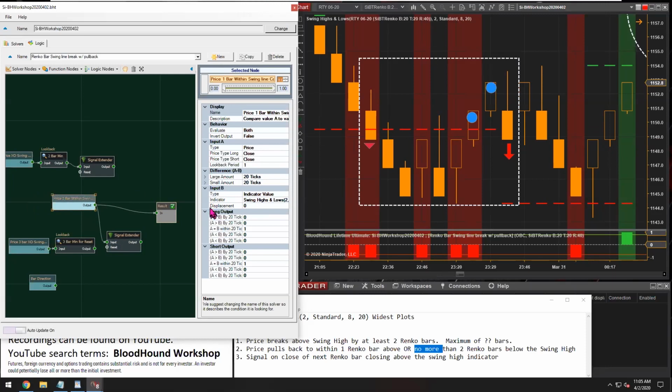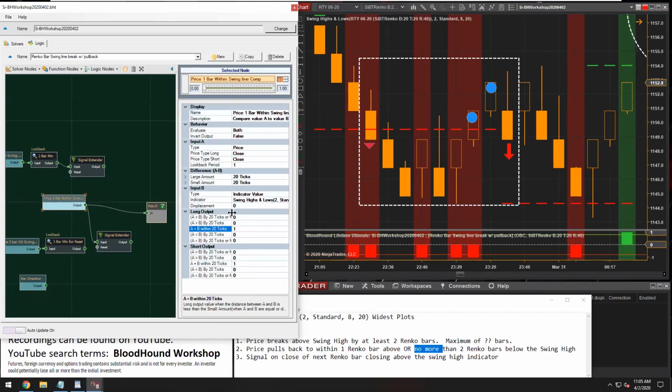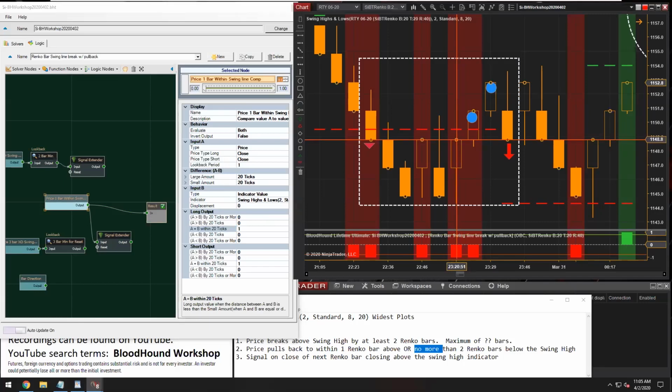So remember, for this solver we're detecting when price is within 20 ticks of our swing line. So this closing price is within 20 ticks, and this closing price is within 20 ticks.